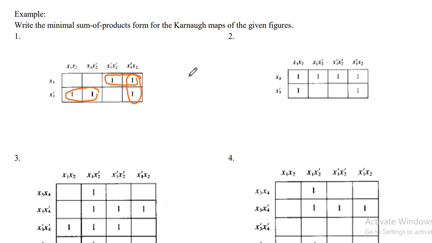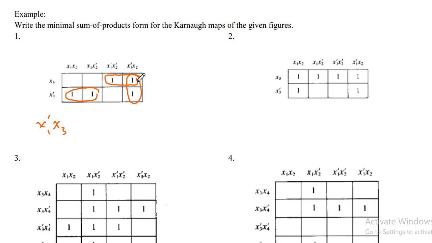So if I do this, what do we have? We look up, I see that x2 varies from x2 not to x2. So x2 varies, we keep x1, and we look horizontally, we take x3. So we have x1 not, and then x3. That's from this combination of these two here.